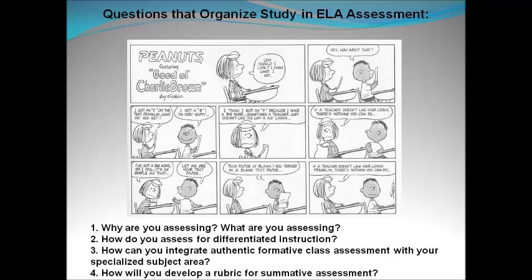How do you assess for differentiated instruction? In other words, it's important to consider here that not every student is the same, naturally, and that therefore, when you want to find out whether a student is demonstrating a particular knowledge base or a skills base or an attitude base, do you provide different ways for him or her to express that?